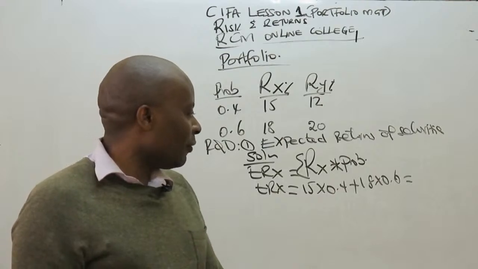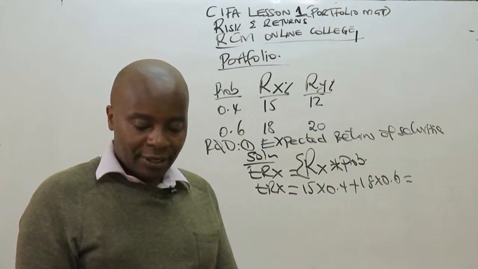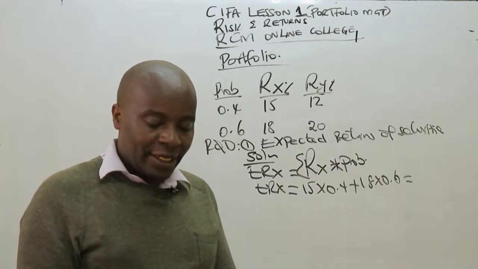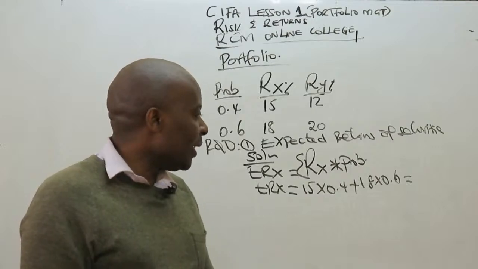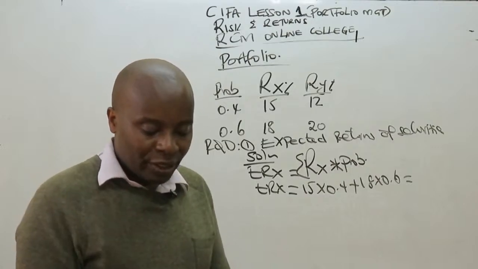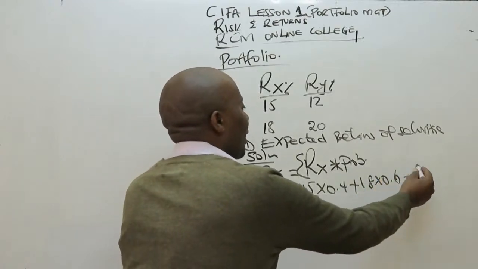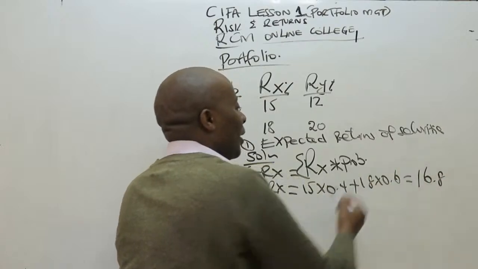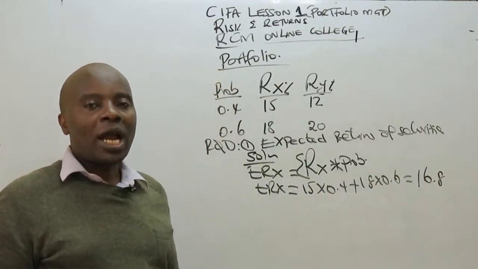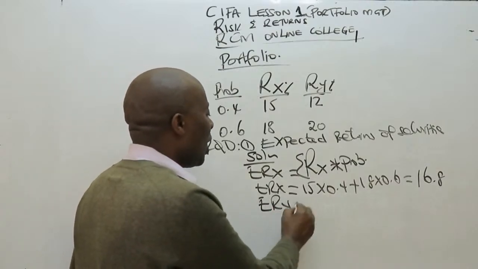So we have here 15 times 0.4 plus 18 times 0.6, which gives me 16.8. So on the same breath, could you kindly give me the expected returns of Y?